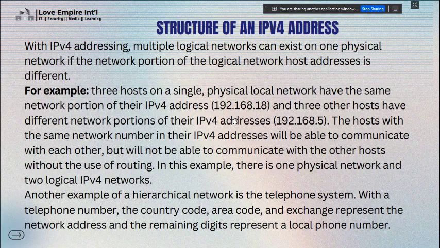So if you want to call a particular country, you have to know what first number represents the country code. Somebody that is outside Nigeria, if they dial your number and they do not put the country code, they will not be able to reach you.